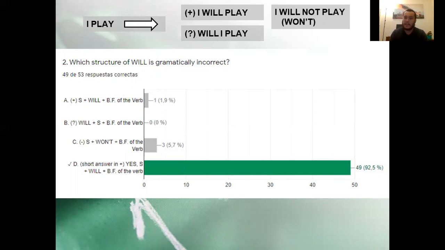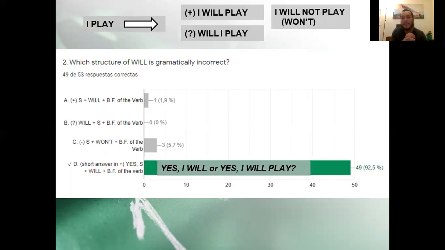So let's have a look at the alternatives. Which structure of will is grammatically incorrect? A says positive, subject plus will plus base form of the verb. Is that correct? Yeah, absolutely. Letter B says question, will plus subject plus base form of the verb. That is correct. C, negative, subject plus won't plus base form of the verb. That is correct. So letter D, look at this.